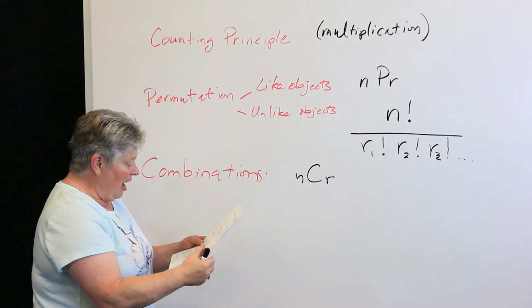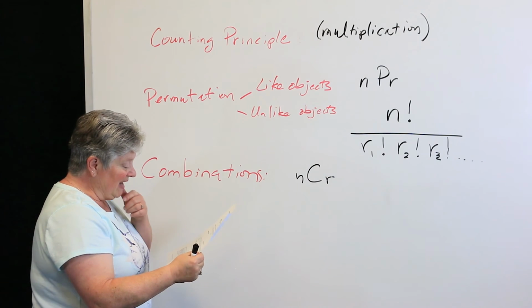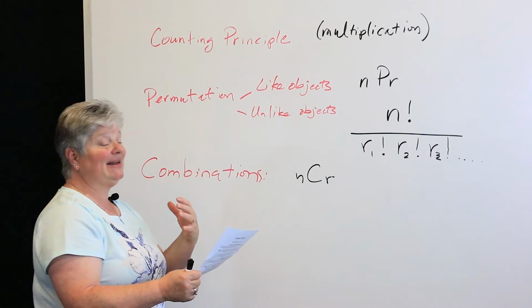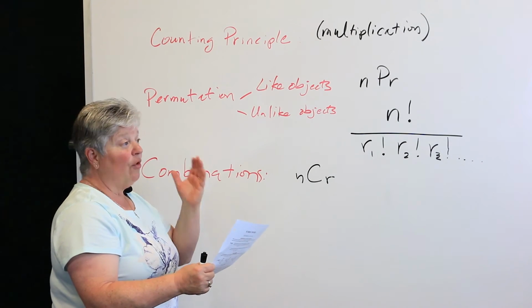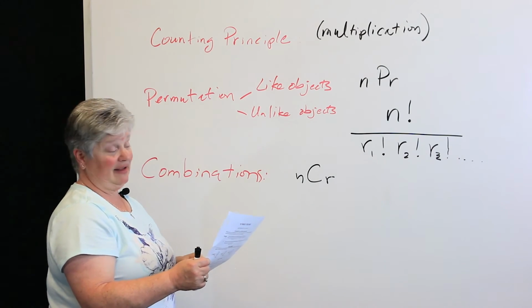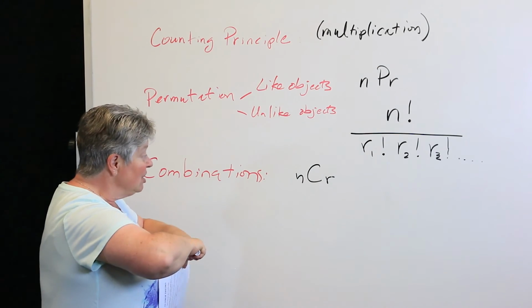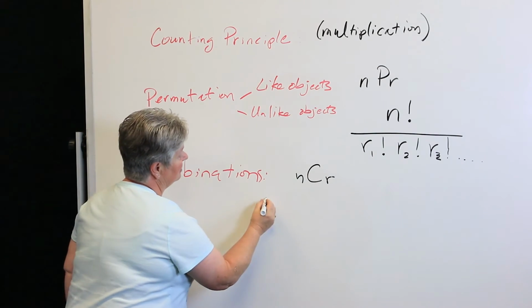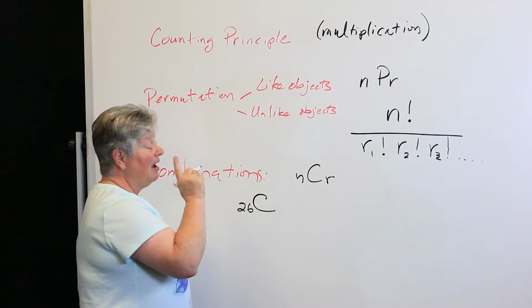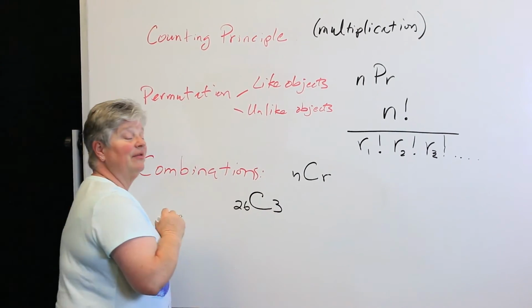So let's look at a couple examples. One example says, how many ways can we select 3 letters from the English alphabet? Select them. It didn't say form a word or put them into any particular order. It just said select them. So that's a combination. I know I've got 26 letters in the alphabet, and I'm choosing 3 of them.